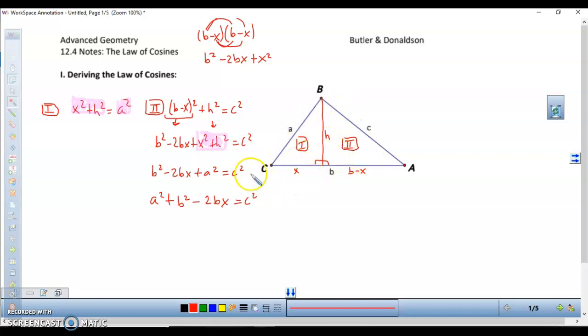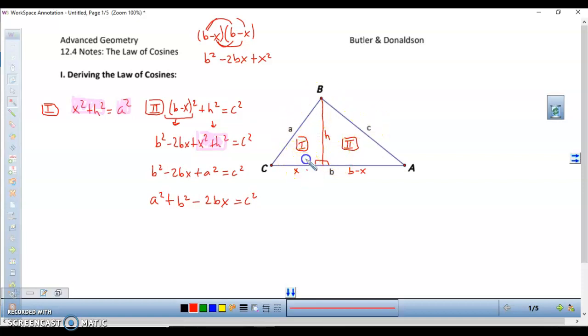And then the last thing is, you'll notice in the very beginning of this problem, x and h didn't exist. Now I was able to get rid of the x squared, I was able to get rid of the h squared, but I still have this x here. So I need to come up with some relationship that allows me to get rid of x and replace it with one of the original values in this triangle.